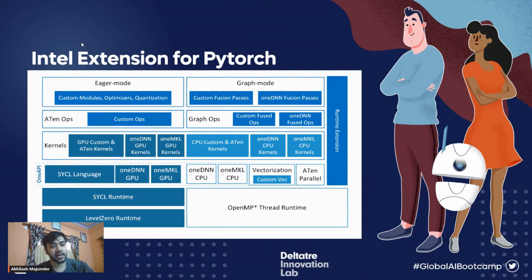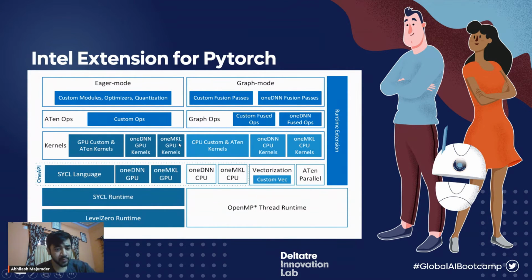One important thing is that the kernels part is where most of the optimizations of our ATen ops or graph is done. In the case of Intel, my colleagues and I work on the oneDNN framework. oneDNN is the neural network library of Intel, which is used anywhere, for training or inference, for creating deep learning libraries, in the case of IPEX or any framework.